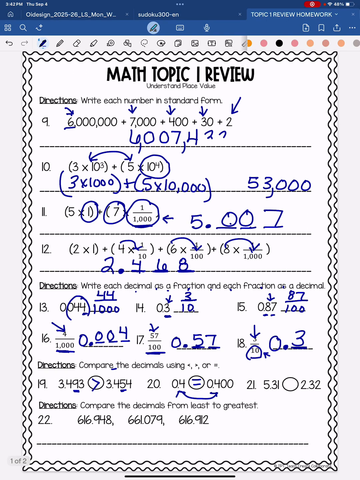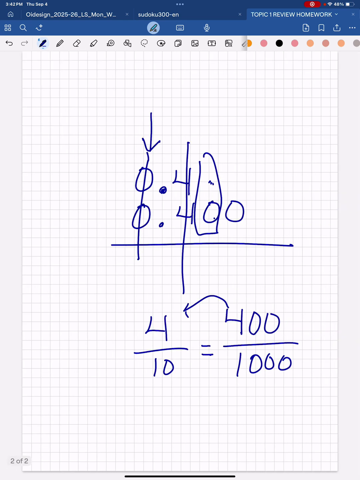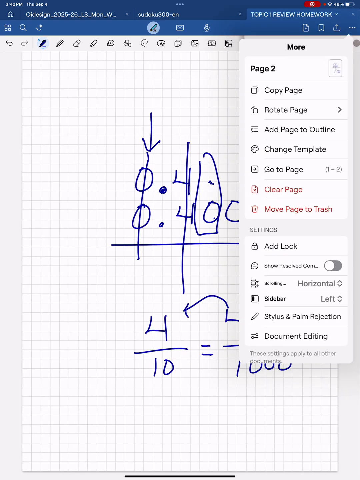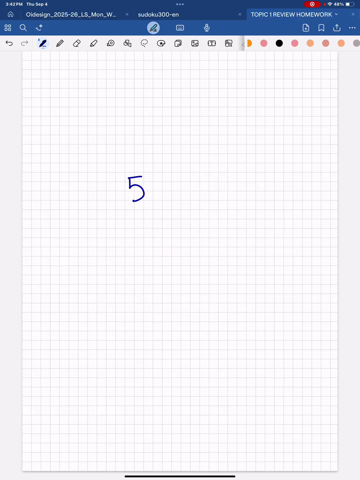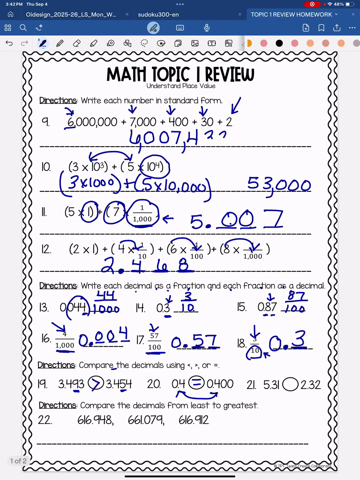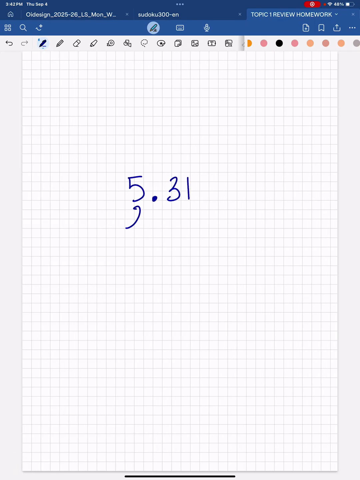All right, let's look at the next one. 5 and 31/100ths. And the other number is 2 and 32/100ths.